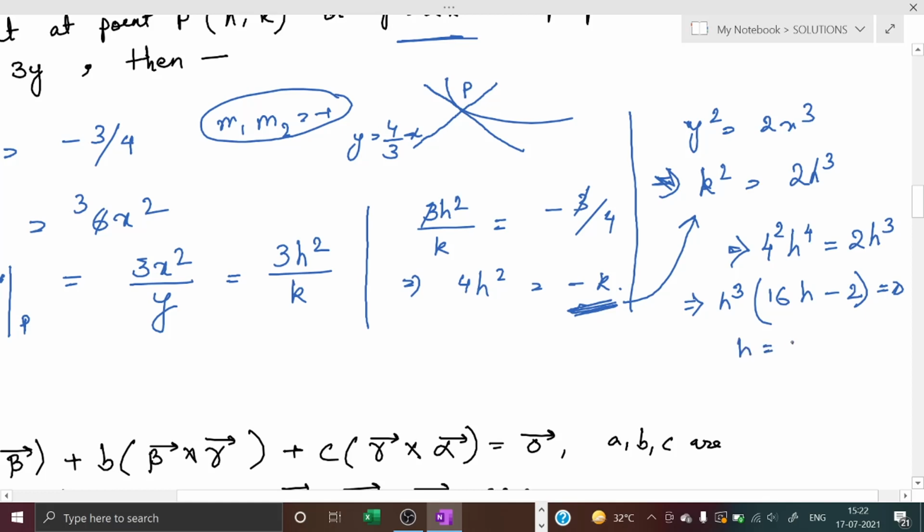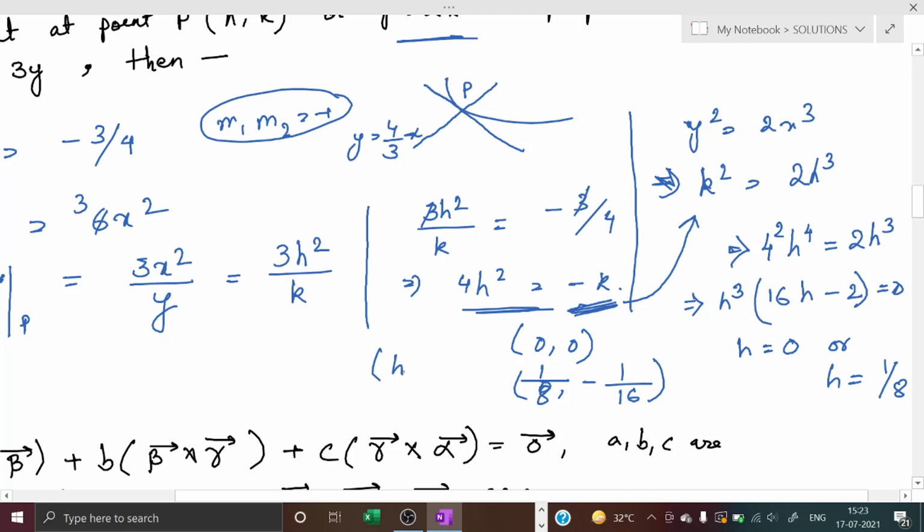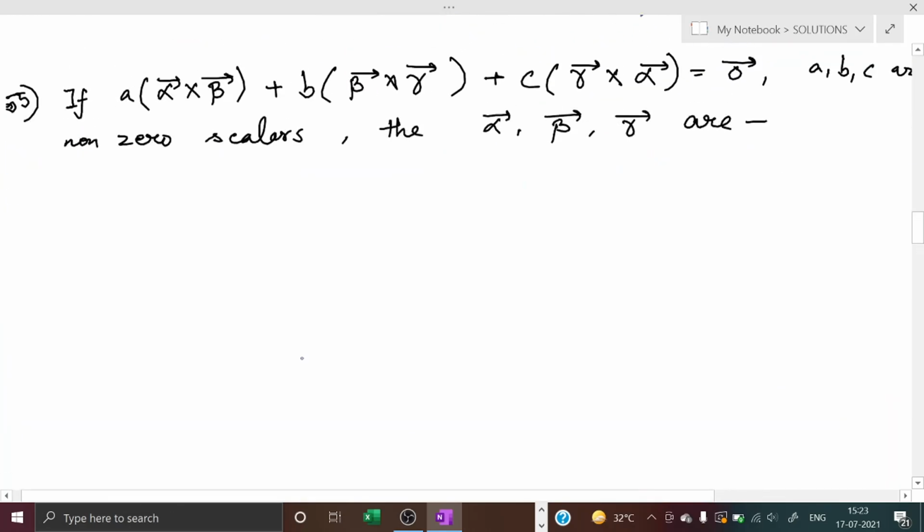So h equals 0 or h equals 1 by 8. You cannot cancel the value of h from both sides. Okay, you have to take both the values, since that is one of the options given. So one point will be 0, 0 from this equation, and another value would be k equals minus 4h square, that will be equal to minus 1 by 16. So h, k can have two values, so it will be option number C. Okay. Option C, right answer.